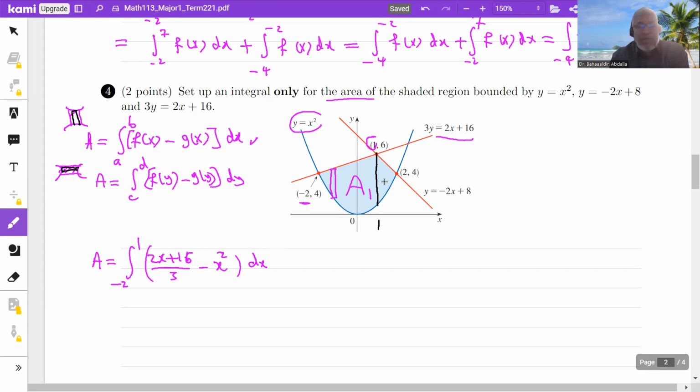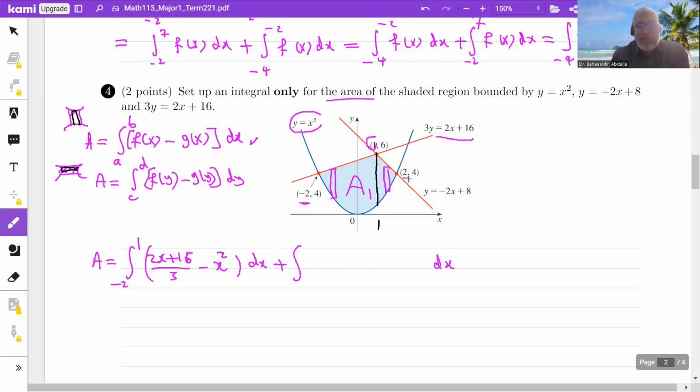Then I need to find the area of the second region. I'll take a vertical rectangle like this, and I'll use dx, okay, because it's a vertical rectangle, the width is delta x. And now x runs from where to where?